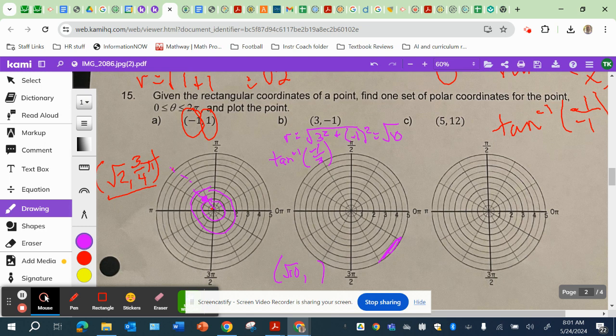So 5.97, so almost 6. You could find the exact values here. Just double check and make sure I put that in right. But you're approximating it.